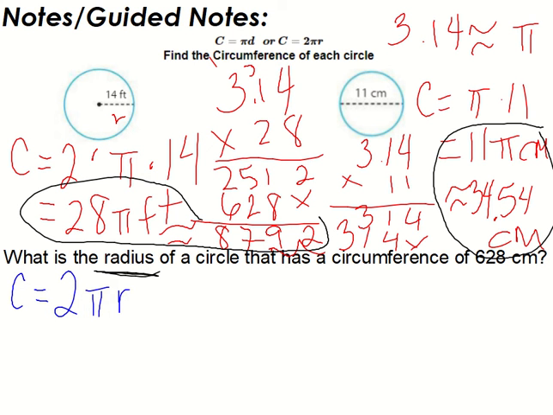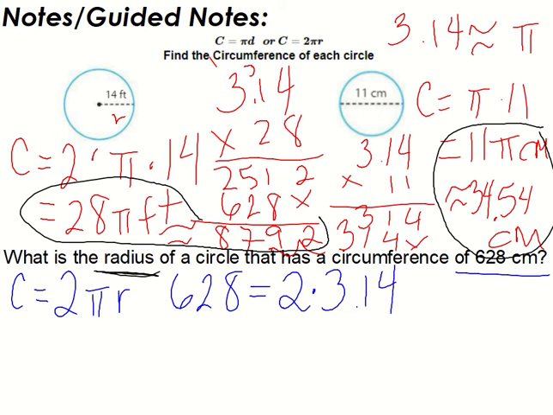So circumference is 628, equals 2 times 3.14 times r, because we don't know what radius is.